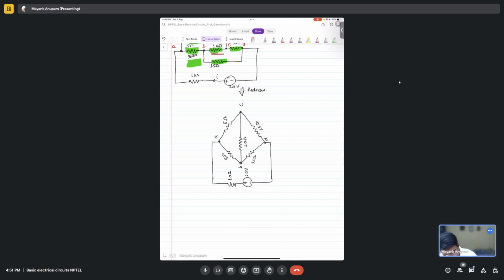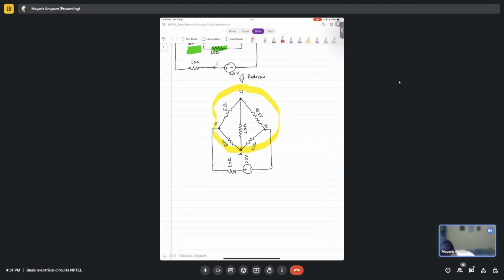Yes. So as one of your friends pointed out, here we have a Wheatstone bridge, right? Yes. And is this Wheatstone bridge balanced or not?